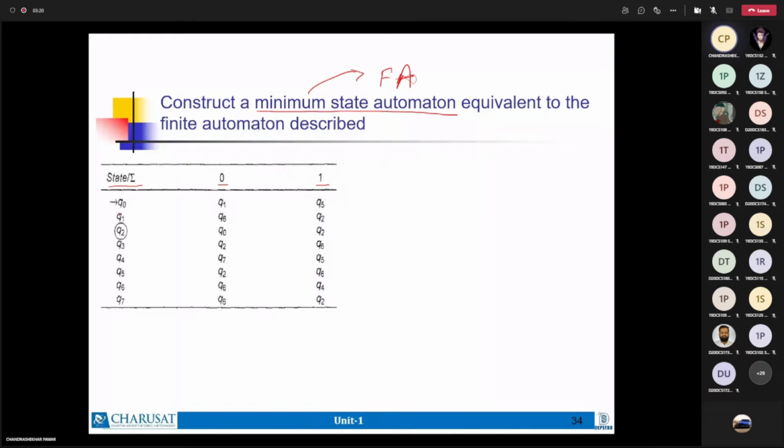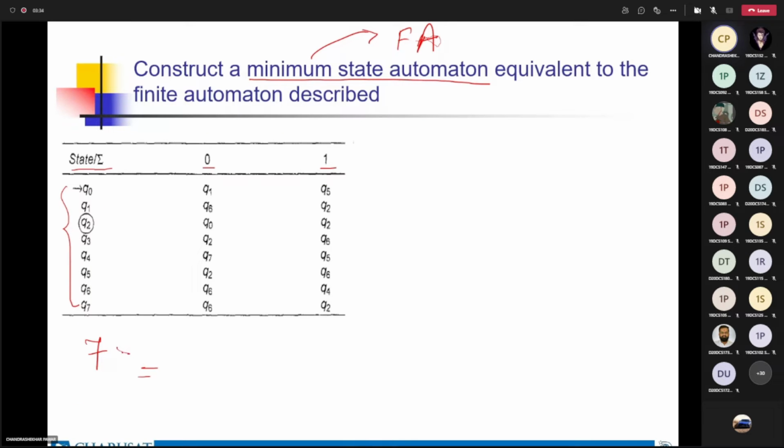Means if possible, with the technique you have to reduce these 7 states to less than 7. 7 states are provided here, so you have to reduce it to less than 7. It may be 6, 5, 4, 3, 2, 1, like this.